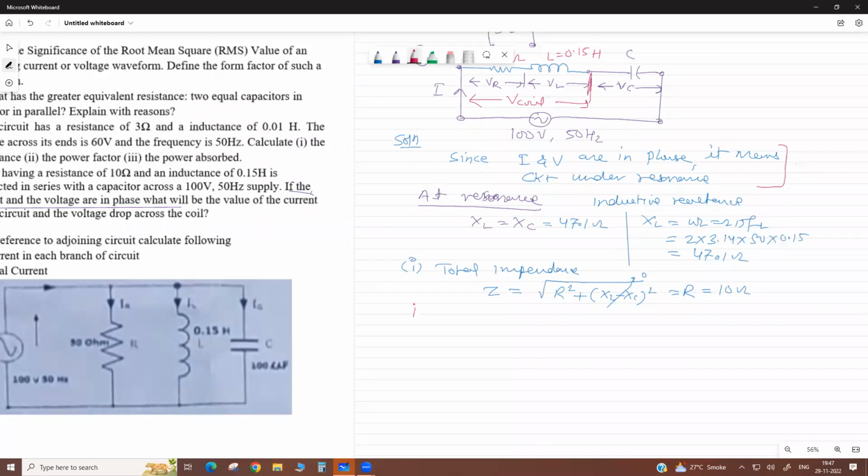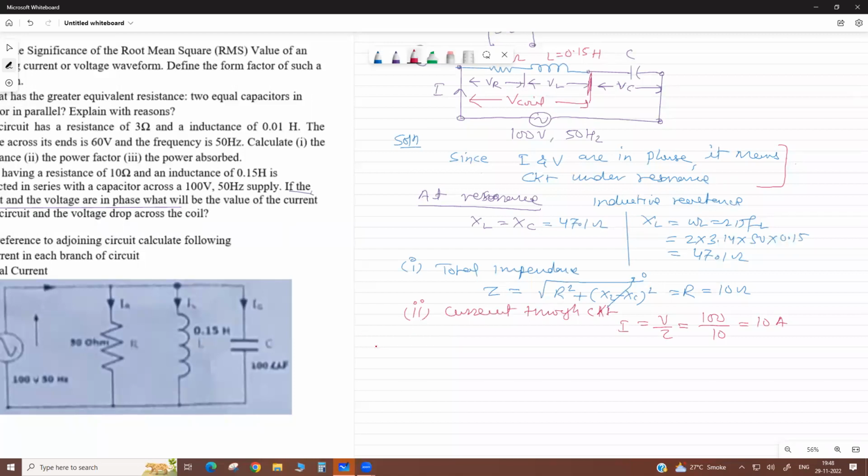Now we can calculate the current through the circuit. I equals V by Z, that is 100 volt by 10 ohm. It comes 10 ampere.